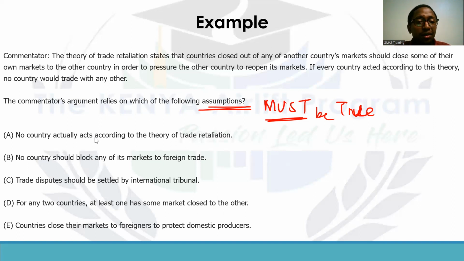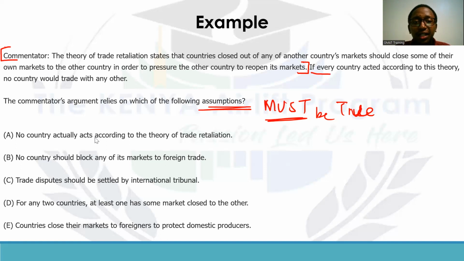So let's determine what we should take as truth here. We say that there's this theory of trade retaliation. All these parts you should take as truth. So there's this theory that exists, and this is what it says. And then you have an interesting scenario here.